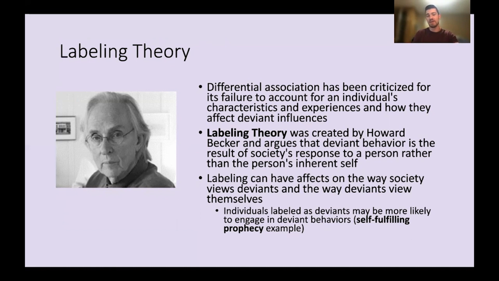And that's one of the big aspects of Becker's labeling theory: when we label these deviants, one, we treat them as deviants as a society, we treat them lesser, and two, they view themselves as deviants, so they are more likely to commit deviant acts in the future. So that accounts a little more for the individual and the environment when we compare it to differential association.